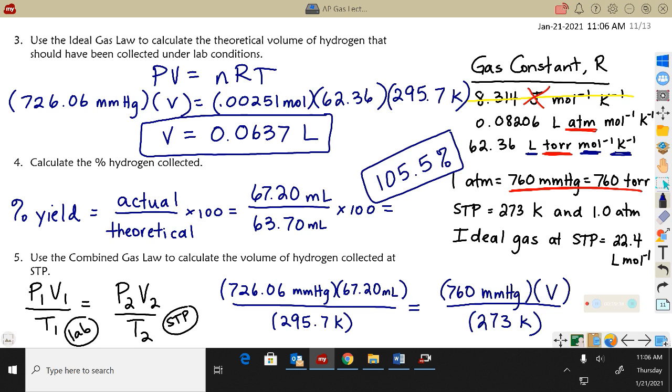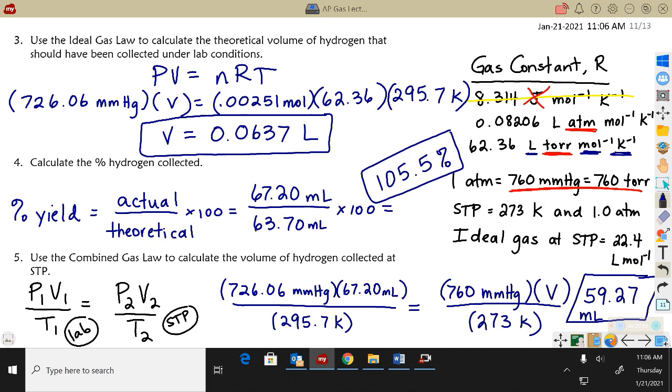So we do a lot of algebra, and we plug this all in our calculator, and oh brother, I'm going to say that the new volume is about 59.2 milliliters. There we go.